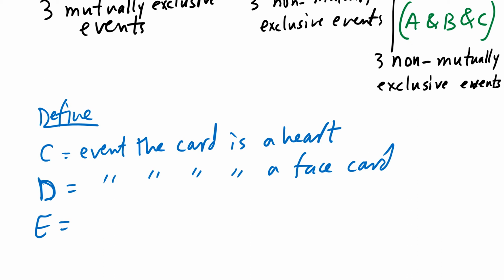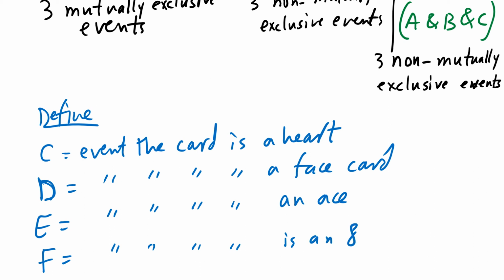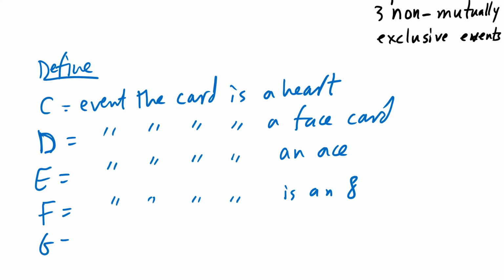E is the event the card selected is an ace. F is the event that the card selected is an 8. And the last one, G, is the event the card selected is a 10 or a jack. That makes it more fun.